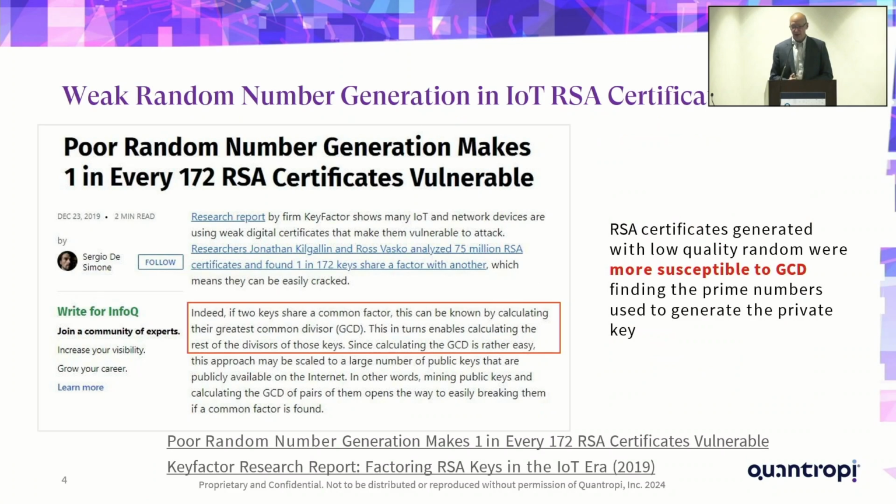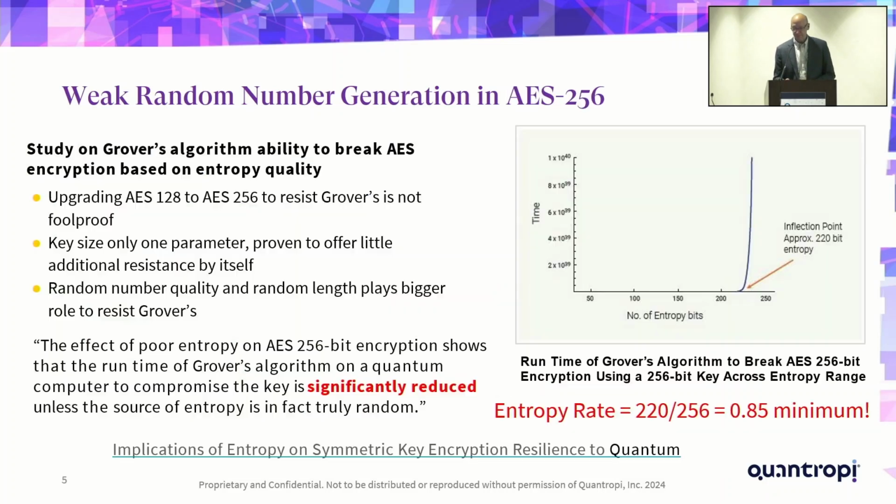And jump it ahead, and here was a study done by Keyfactor, and there they found that in IoT, about 1 in every 172 certificates were vulnerable, again, because they started with bad random. And this one is super interesting because here, a study was looking at AES encryption keys, and everyone always worries about the length.